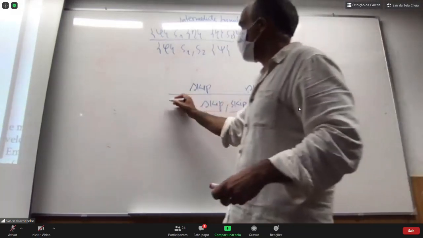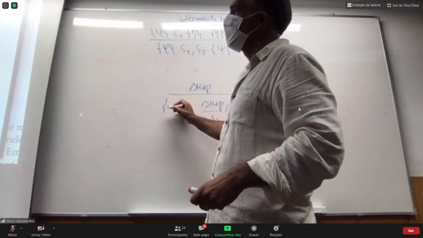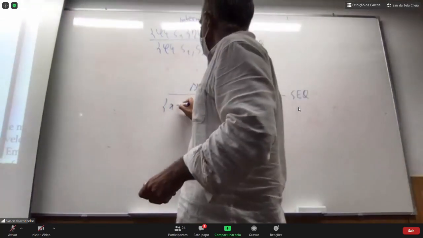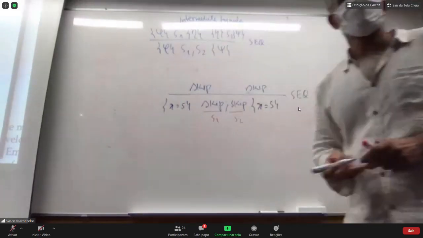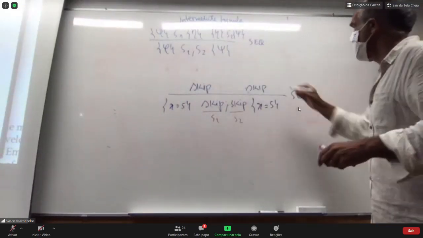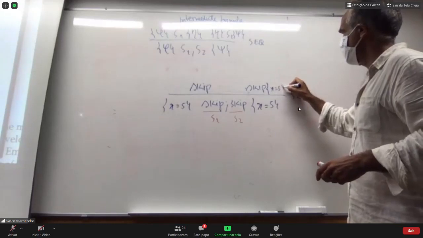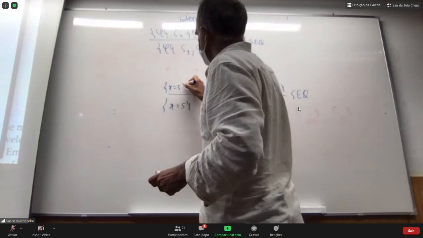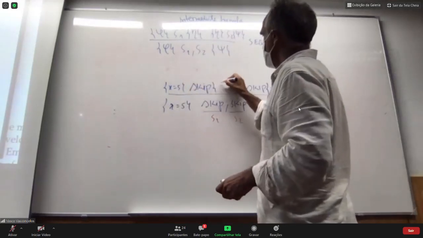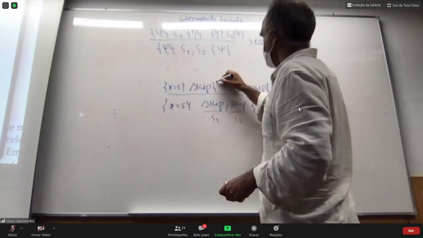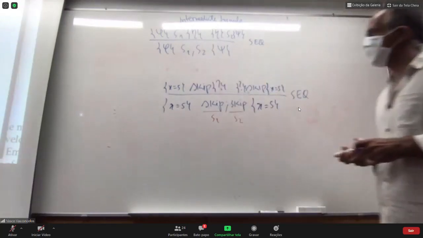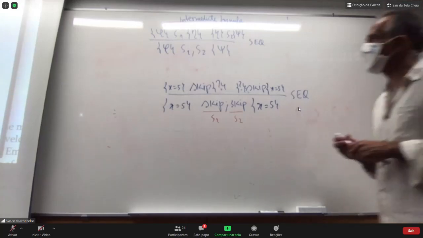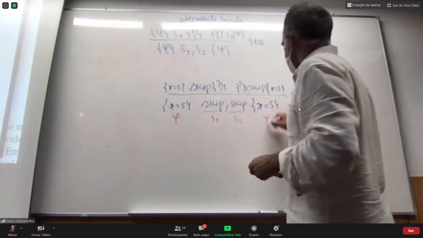And here you want to write x equal to 5 again. So here also we know that x is equal to 5. Now all that remains is to guess this. This is 5, this is 5.